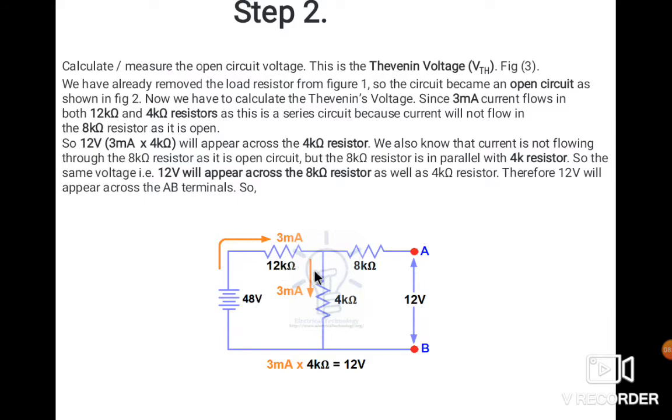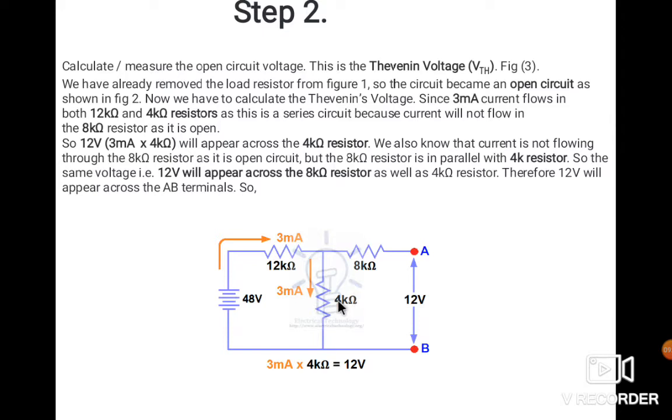So by applying simple Ohm's law, you find the current. The current comes to 3 milliampere, right? So 3 milliampere current flows in this direction. So what is the voltage drop across 4 kilo ohm?